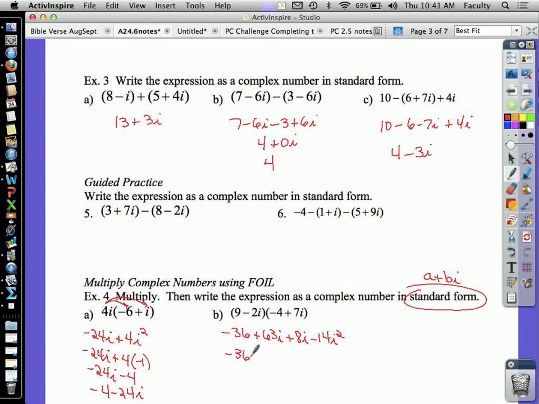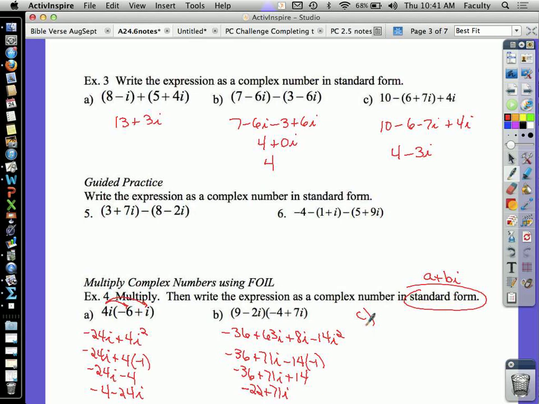So I'm getting negative 36 plus 71i, and then i squared is negative 1. So then I'm getting negative 22 plus 71i.